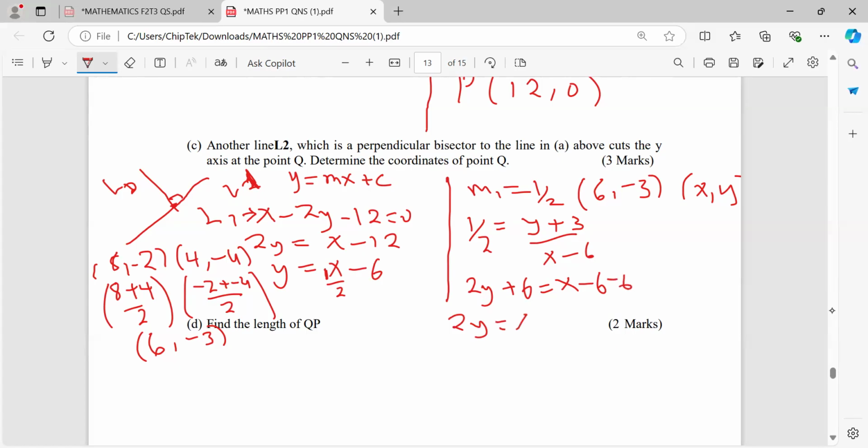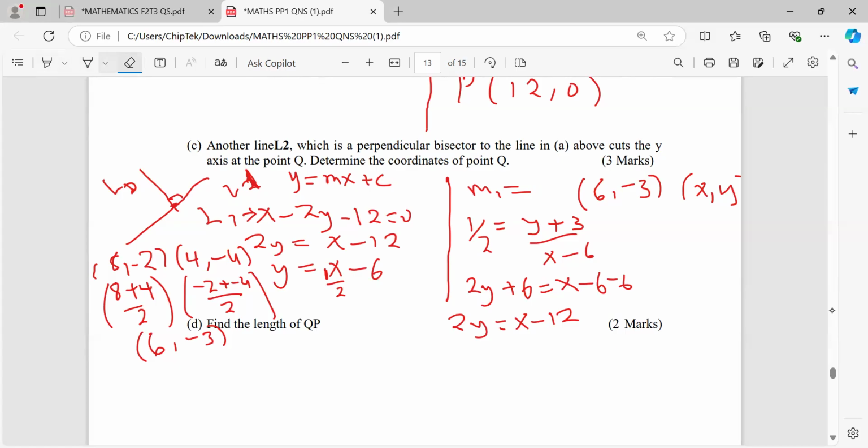So 2y equal to x minus 12. So divide by 2. Sorry, samahani, yote ni makosa. M1 hapa ni half, right?